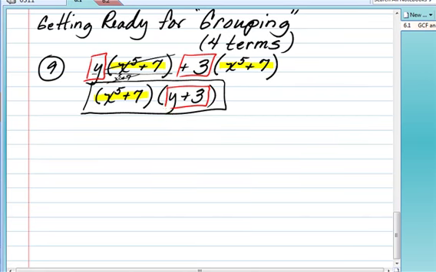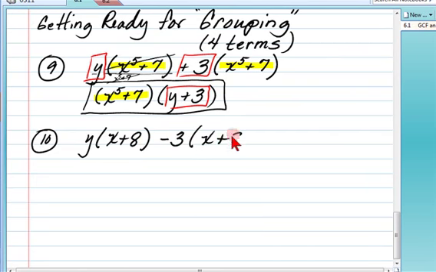Okay? Let's do another one that's very, very much like that. Number 10. What if I had y(x plus 8) minus 3(x plus 8)? Do you see what's called the common binomial factor?